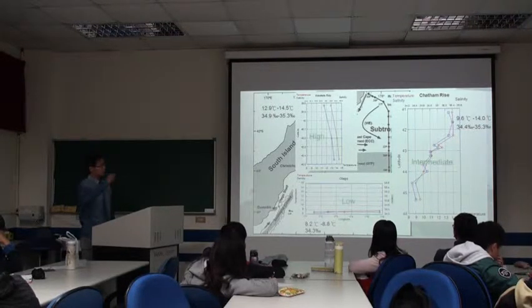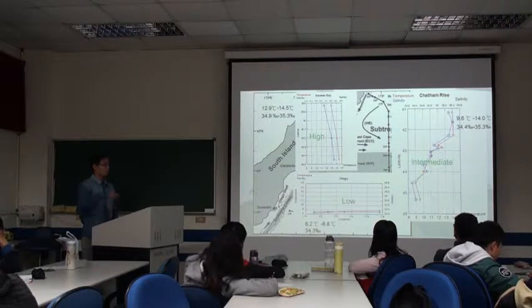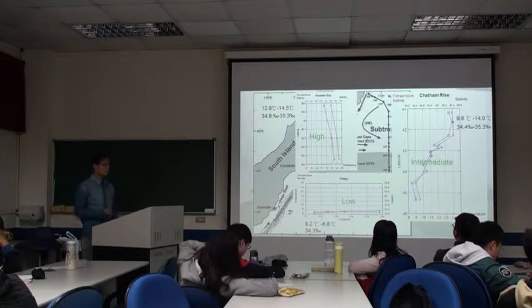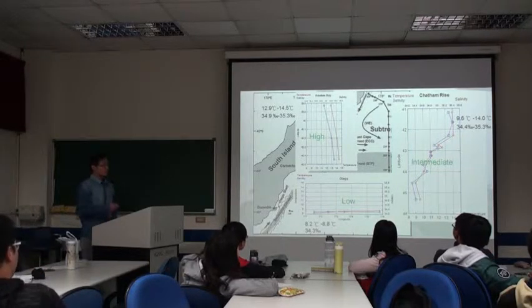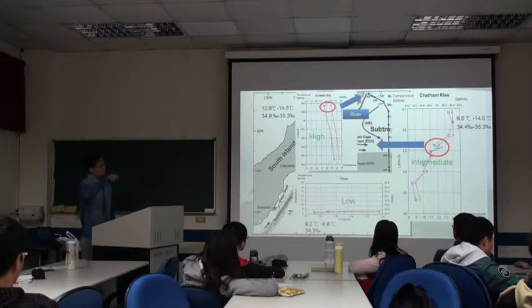We can see that in Hawke's Bay, the subtropical water has high salinity and high temperature, it is low in the Otago, and they converge to an intermediate value at the Chatham Rise. And these two points have a different pattern.